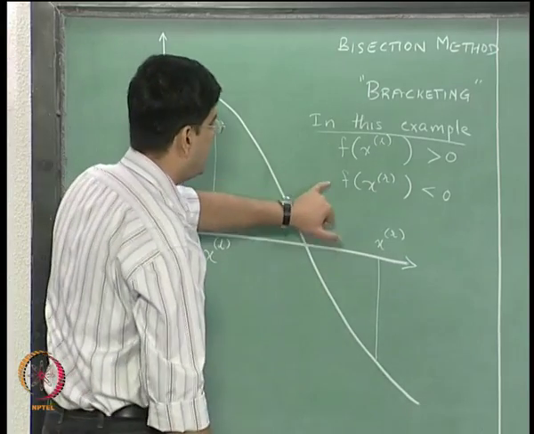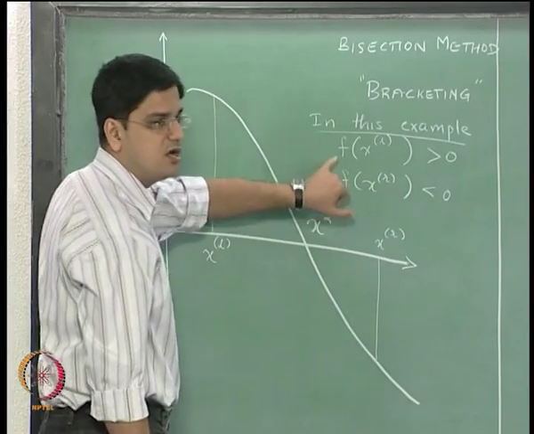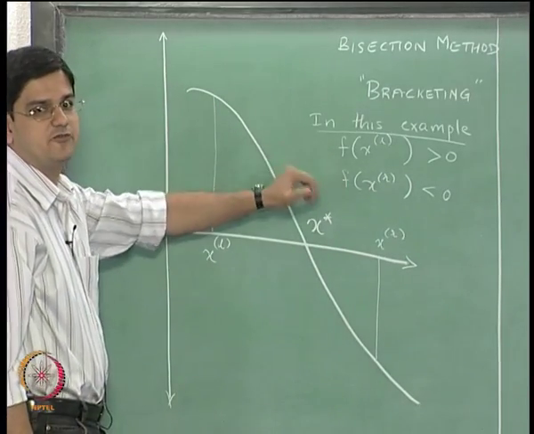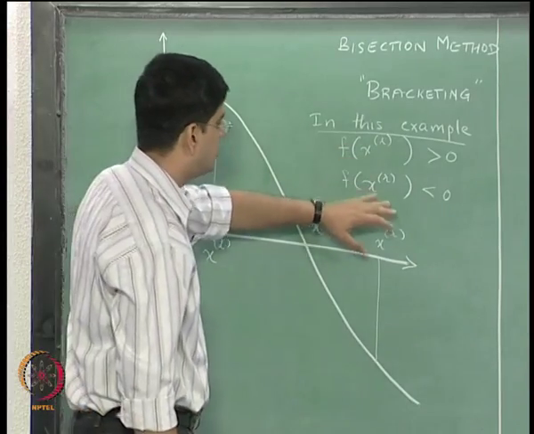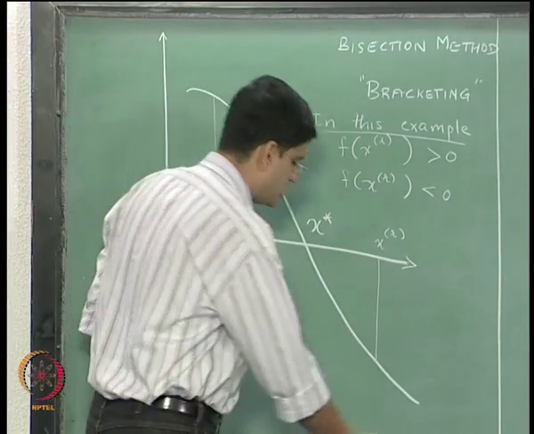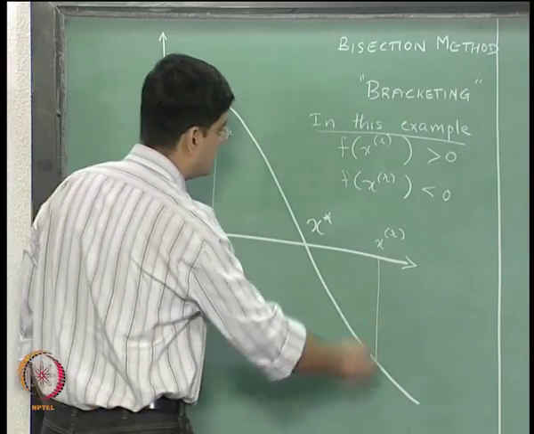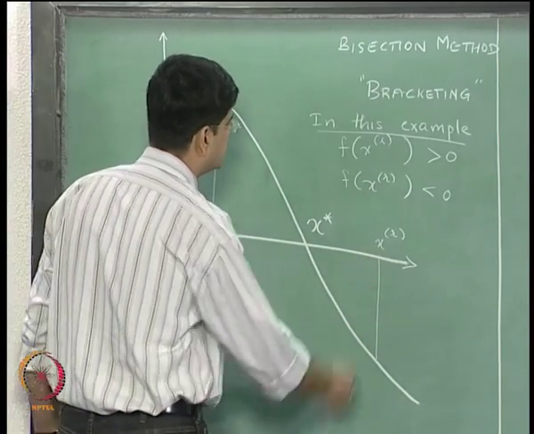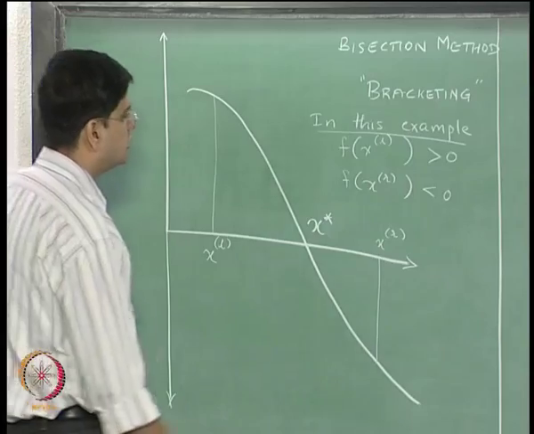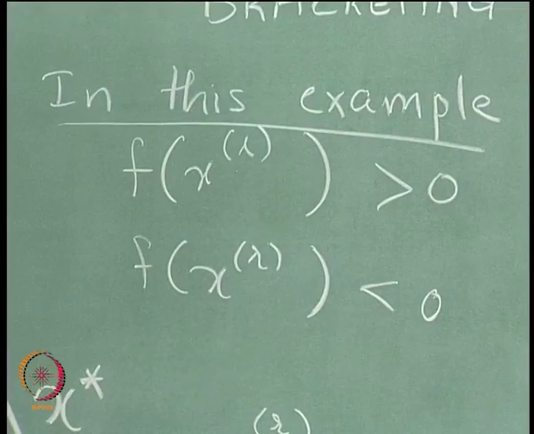But if we multiply f of xl with f of xr, because we are multiplying a positive number with a negative number, that product we know for sure is going to be negative, irrespective of what type of curve we get. As long as xl and xr bracket the solution, the product of f of xl and f of xr is always going to be negative.